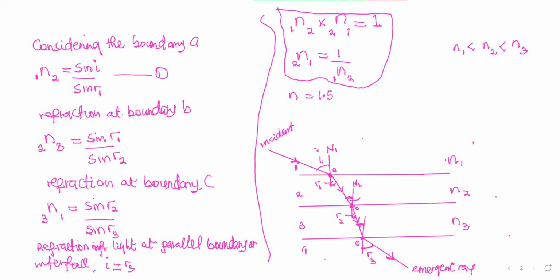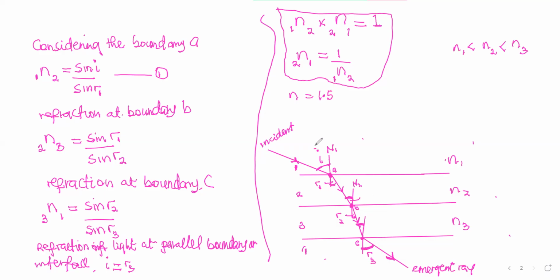Whenever you have boundaries that are parallel to one another, look at this boundary, 1, 2, 3, they are all parallel to one another. So whether you have two media, 3, 4, 5, in the refraction of light along parallel boundaries, the angle of incidence is always equal to the angle of emergence.